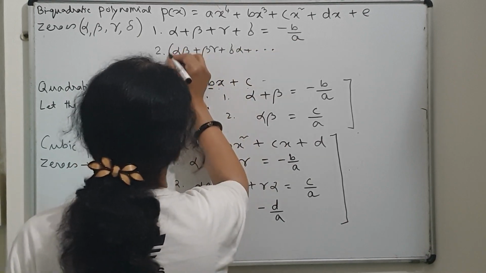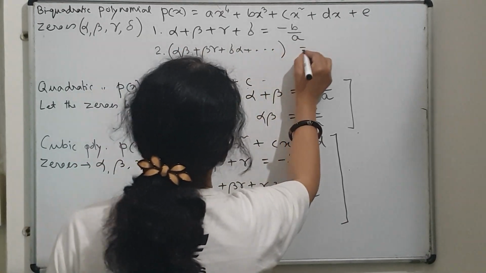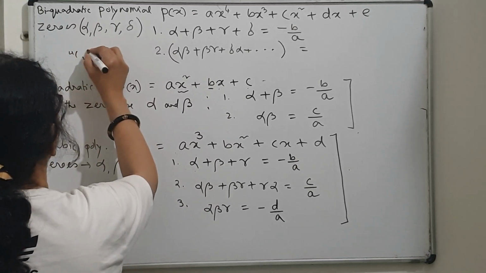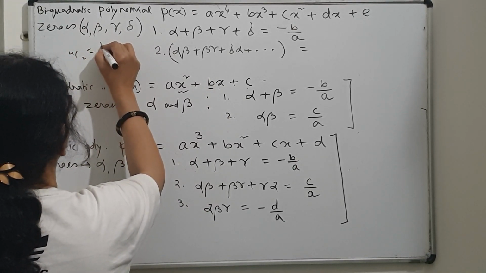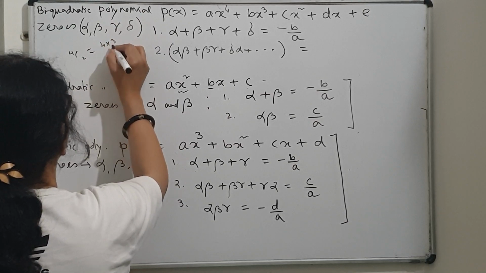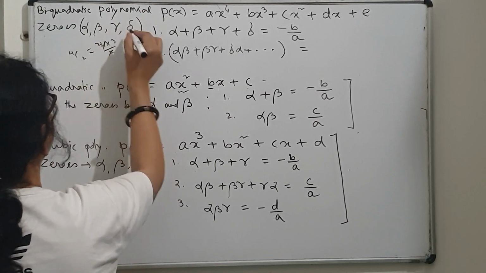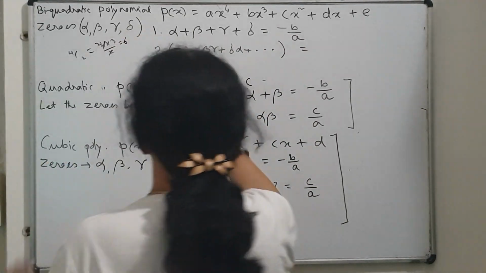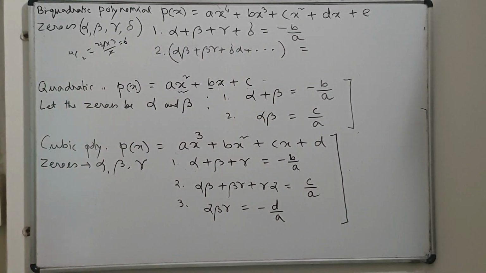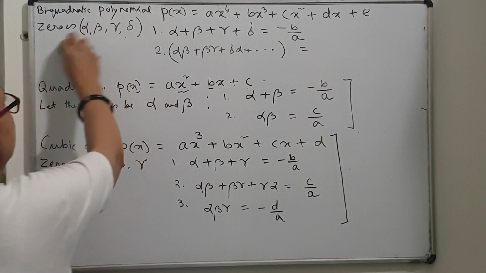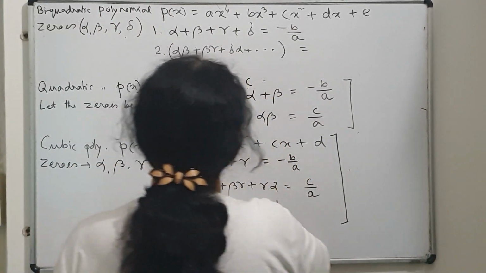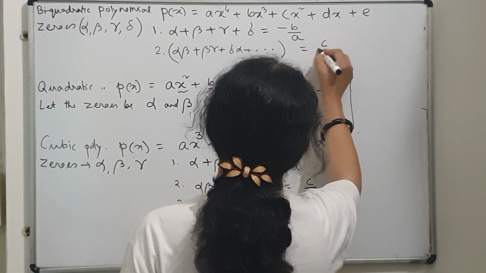How many terms will there be? 4C2, that is 6 terms. This relation is not that important, but there will be 6 terms and it will be c upon a.